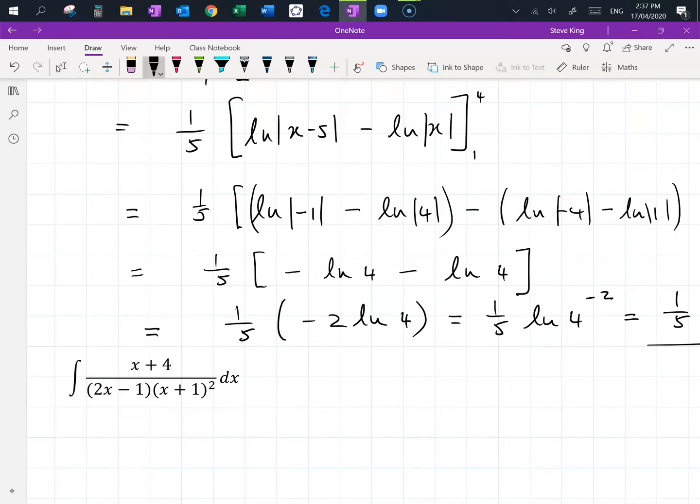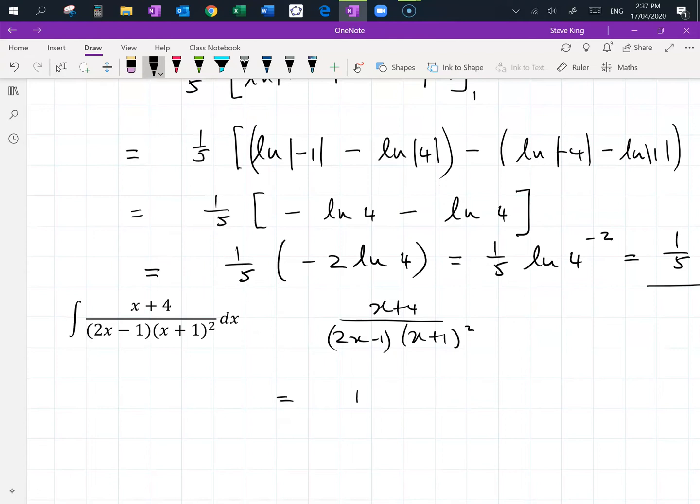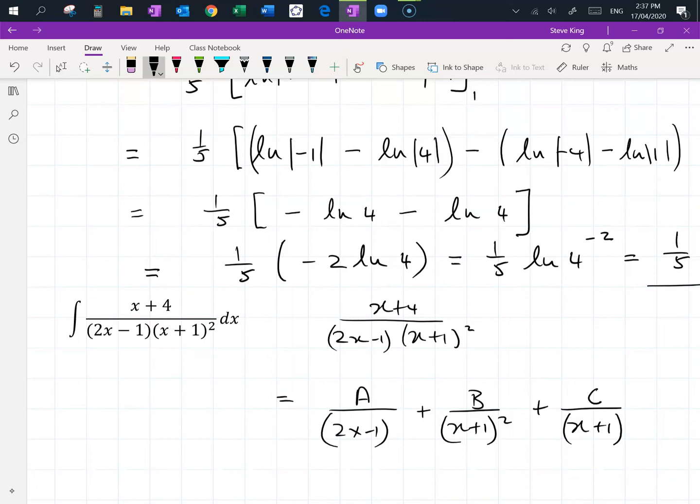Just to remind you that this function, x plus 4 over 2x minus 1, x plus 1 all squared, that's going to be written as a over 2x minus 1 plus b over x plus 1 squared plus c over x plus 1. Don't forget that last factor that we've got over there.